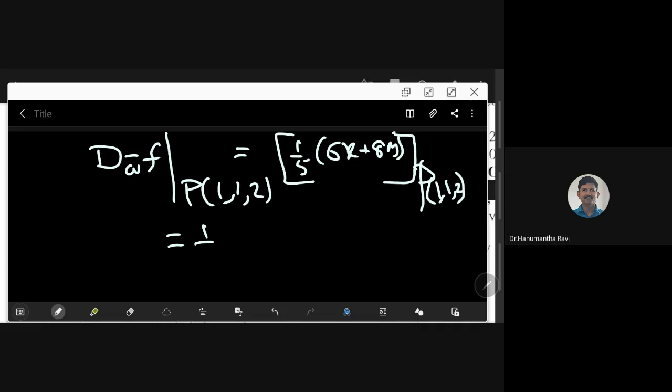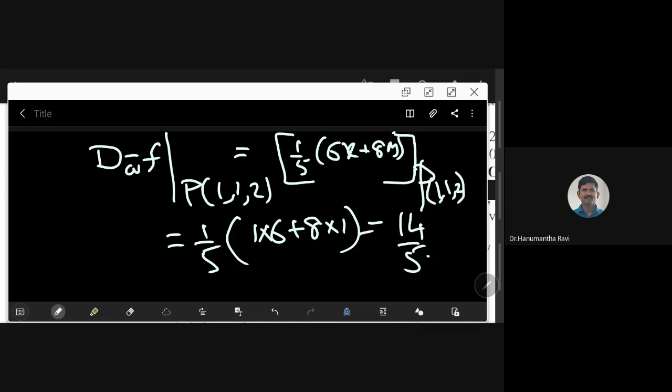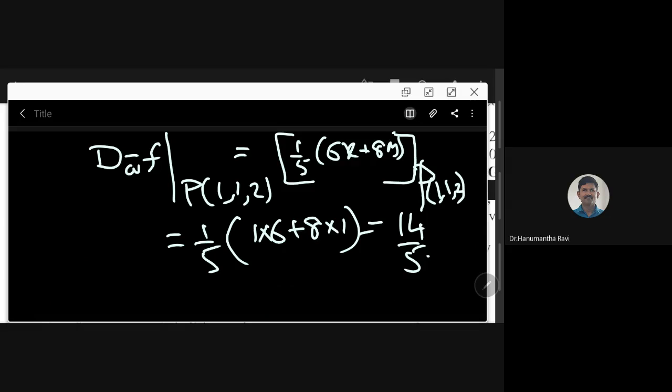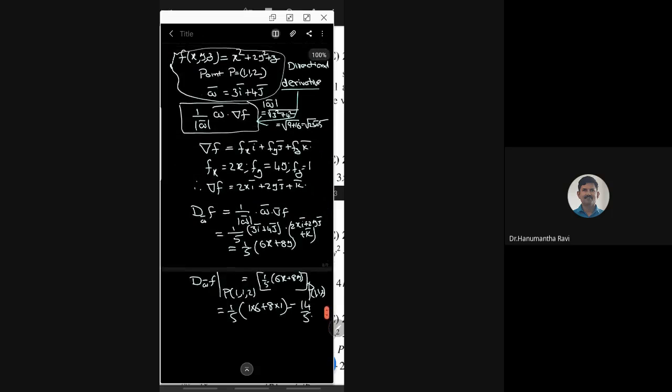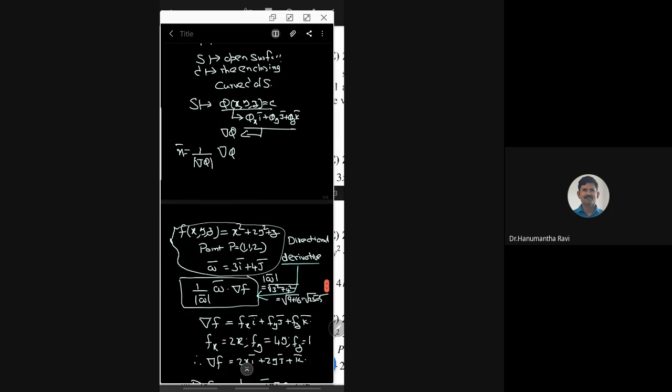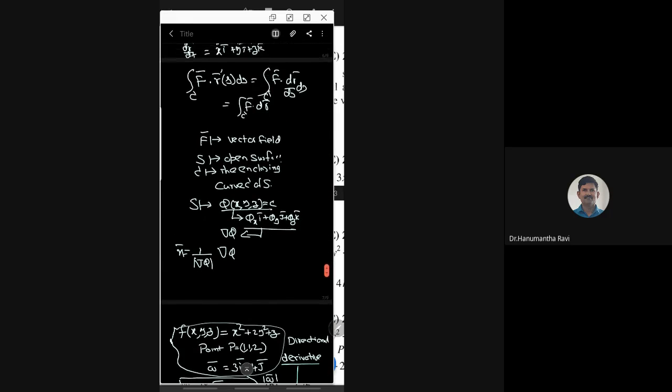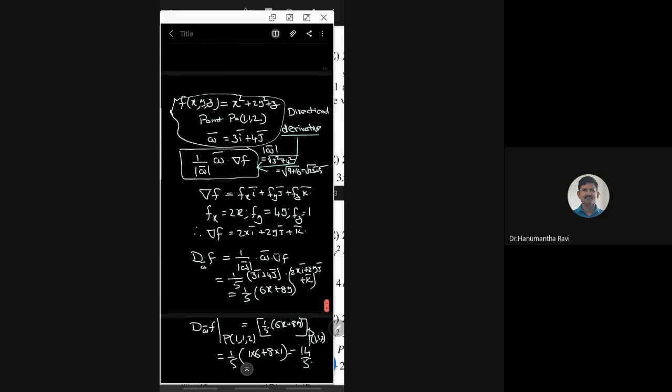So this is 1 by 5 into 6 into 1 plus 8 into 1, so we have 14 by 5. This is the directional derivative. Like this, the directional derivative can be computed. We used the formula and we found the directional derivative.